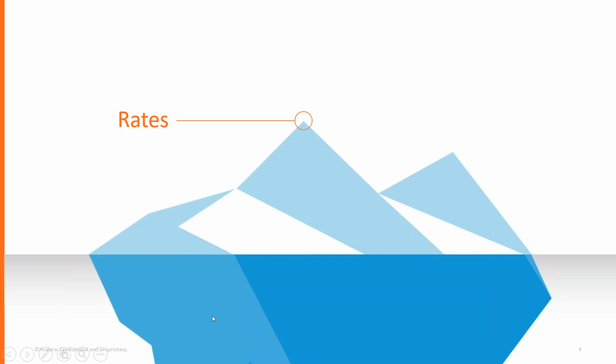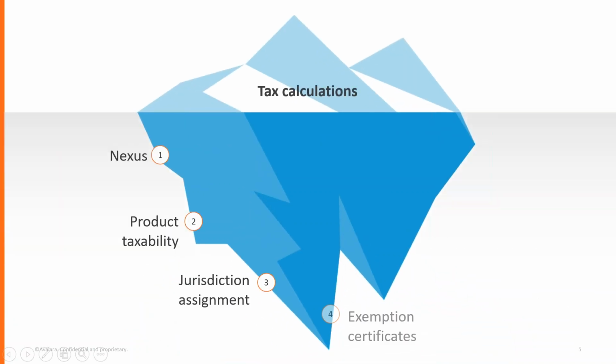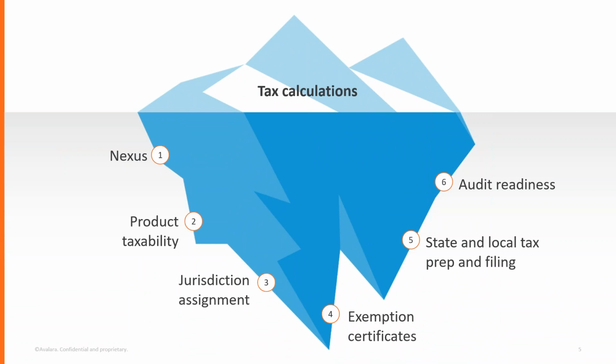But when you think about sales tax compliance as a whole, and this is where the complexity comes from, there's a vast plethora of areas underneath a simple rate that need to be addressed for your company to really be compliant from a sales tax compliance standpoint. Now, number one is Nexus.